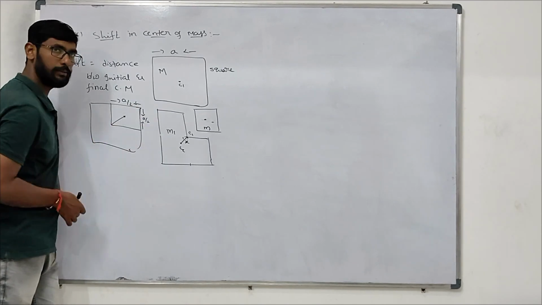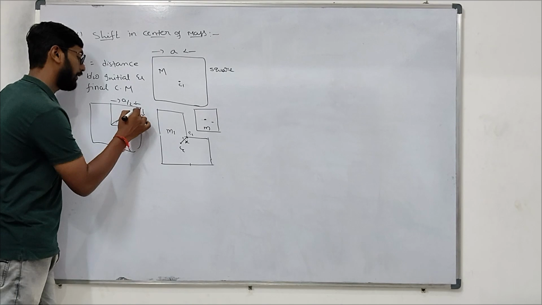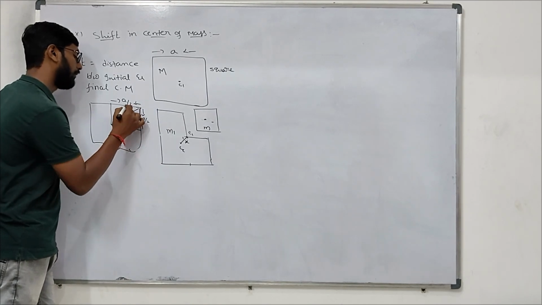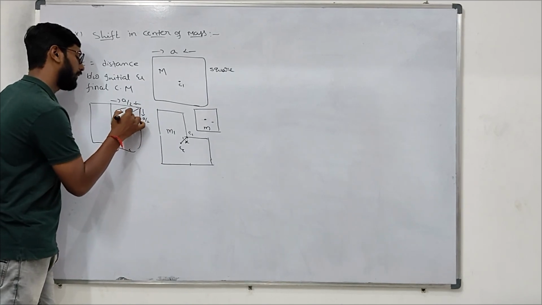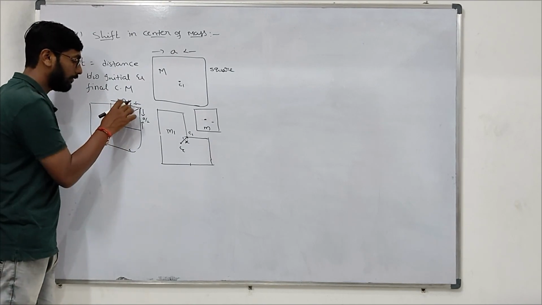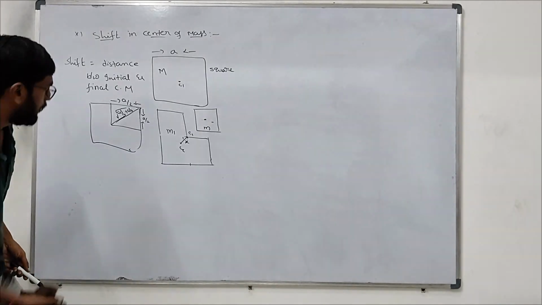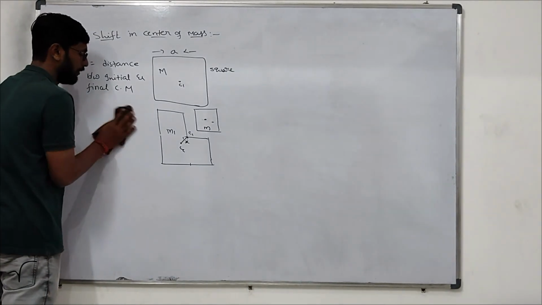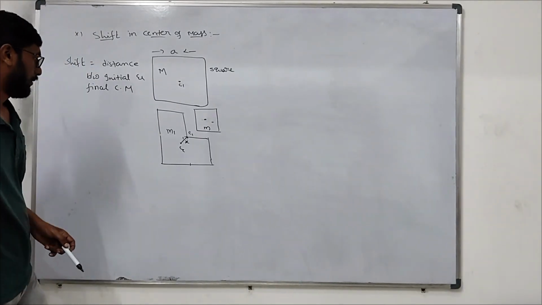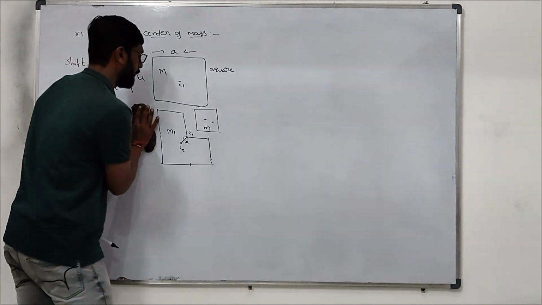From here to here it will be square root of A square by 4 plus A square by 4. So from here to here it will be this by 2, right? So we draw the diagram, one moment.